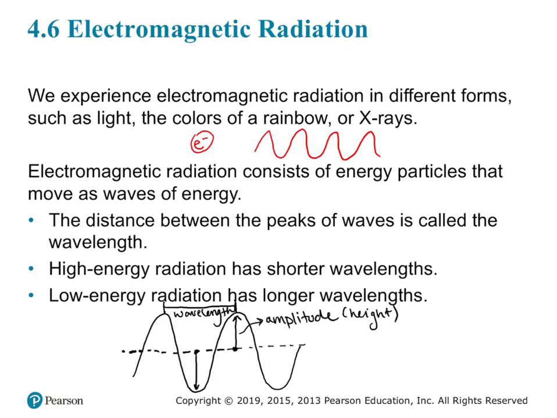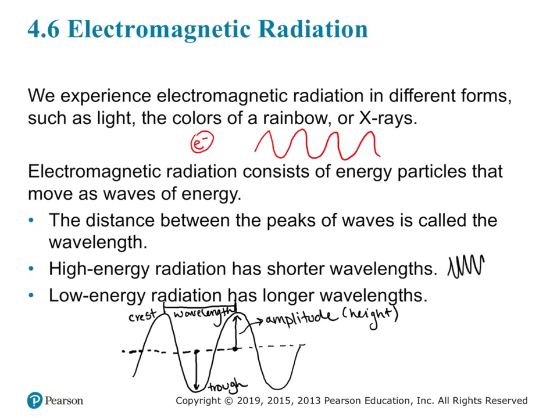Now, the waves that are above that halfway point, we call that a crest. So the highest point is the crest, the lowest point is the trough. All right, so the reason that we care about these different definitions, now high energy radiation has shorter wavelengths.